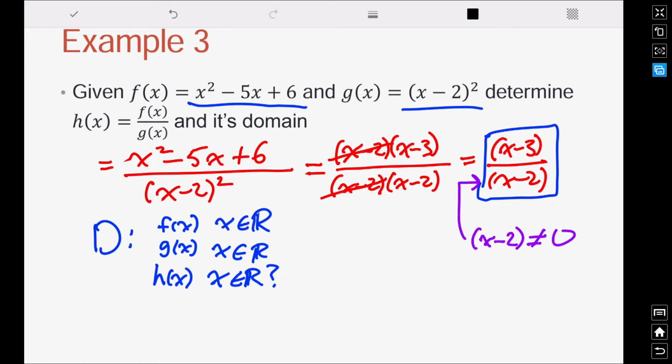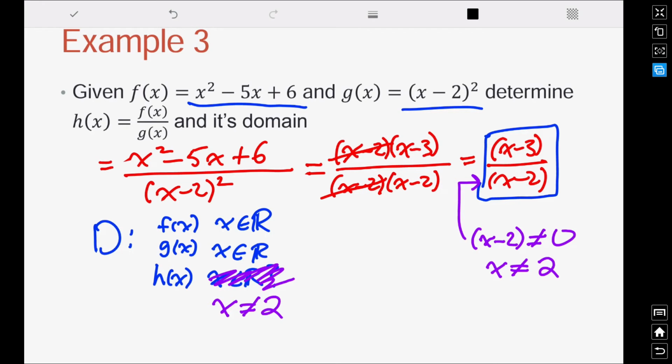So x minus 2 cannot equal 0, which is easy enough. It just means x cannot equal 2. So the domain of h of x is all real numbers except for 2. If x is equal to 2, then you get a division by 0, which breaks the function.